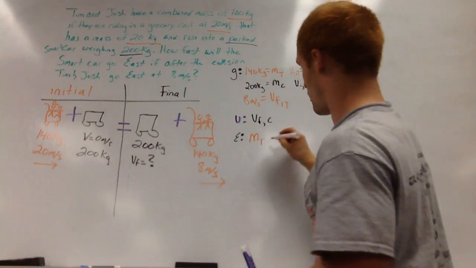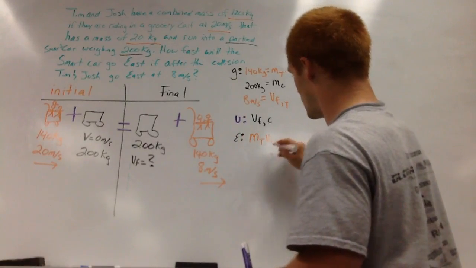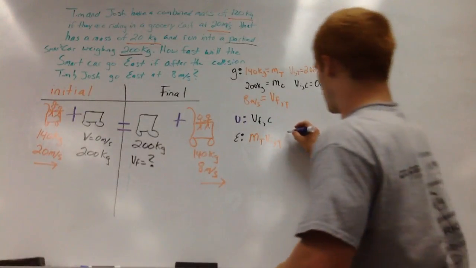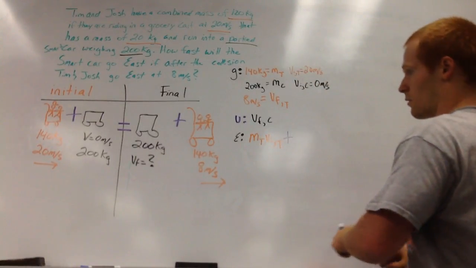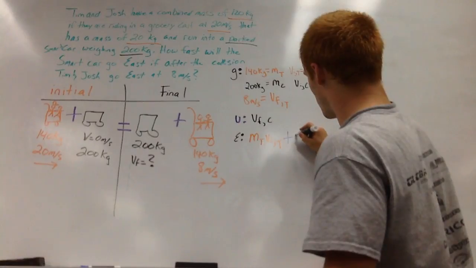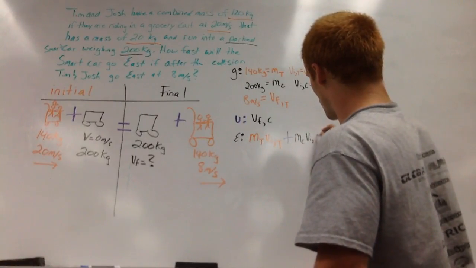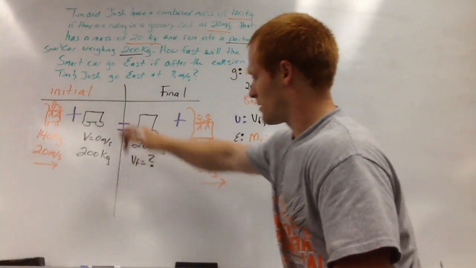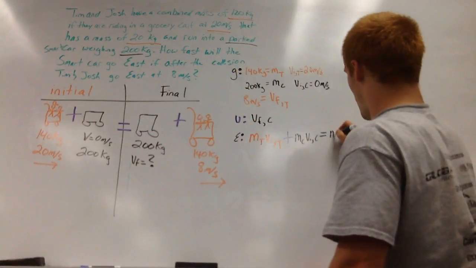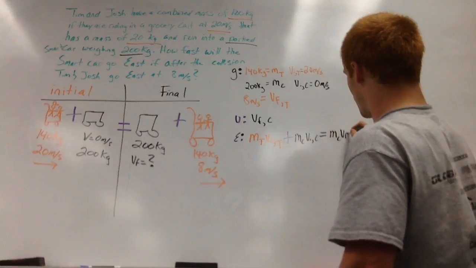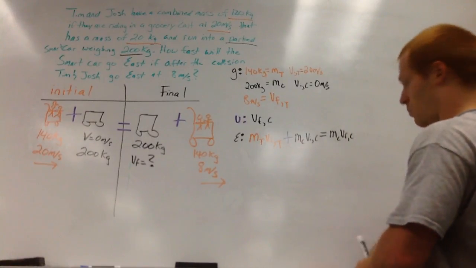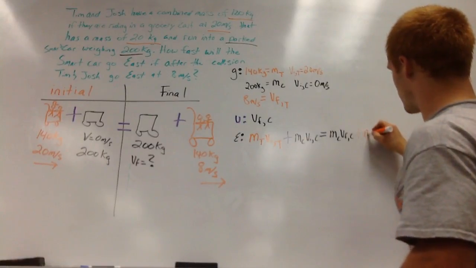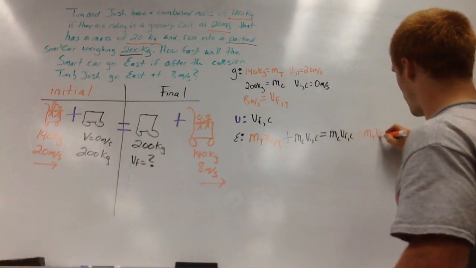Mass of Tim, velocity initial of Tim, because it's under initial, plus mass of the car, velocity initial of the car, is going to equal, notice the line splits, equal sign, mass of the car, velocity final of the car, plus the mass of Tim and VF of Tim.